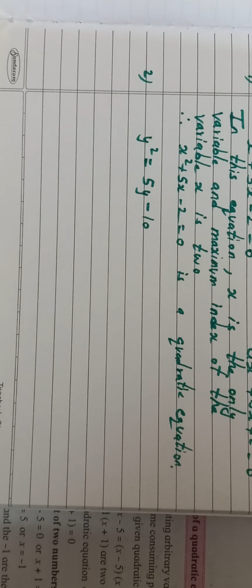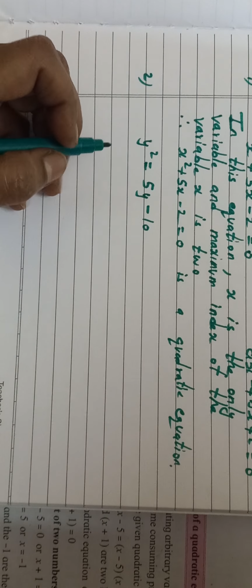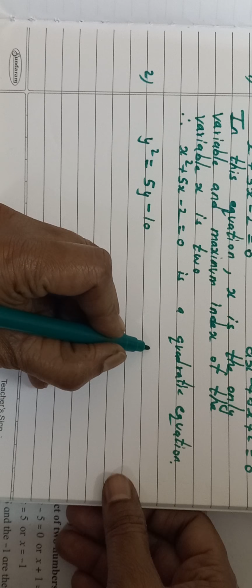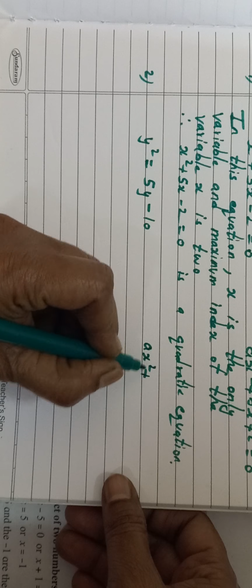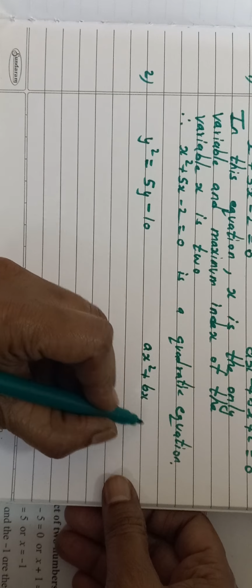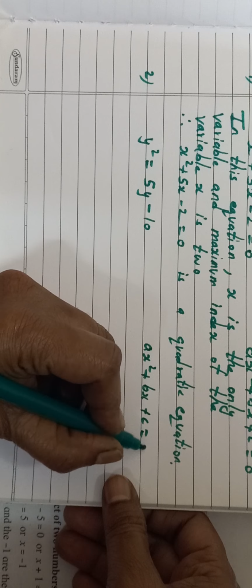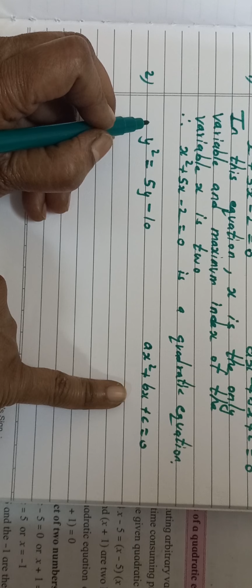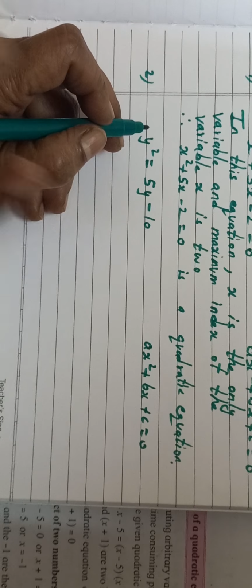So if an equation is given, we should first be able to write it in standard form, meaning it should be of the form ax square plus bx plus c is equal to 0. For that, I need to take these terms to LHS, and on the right I want only 0.